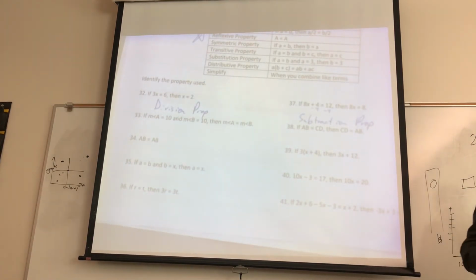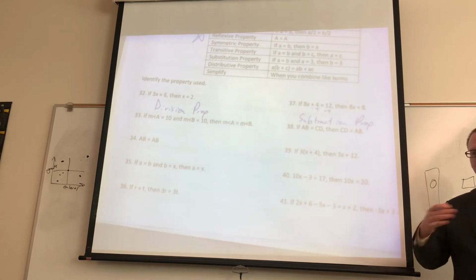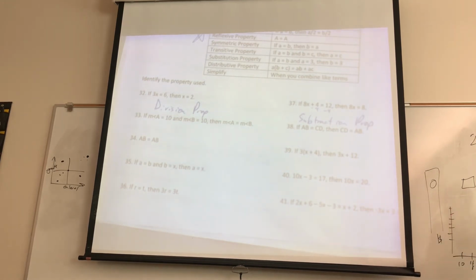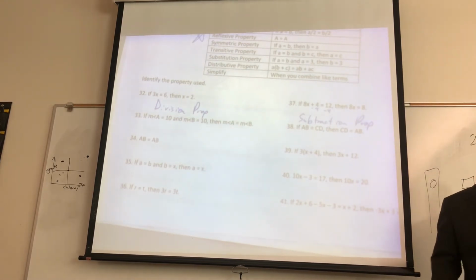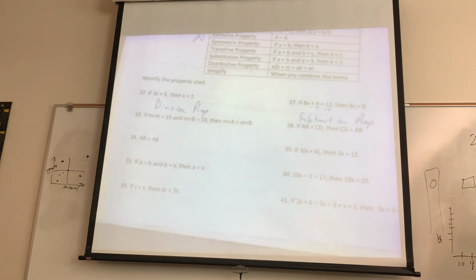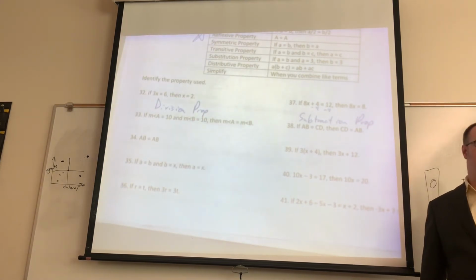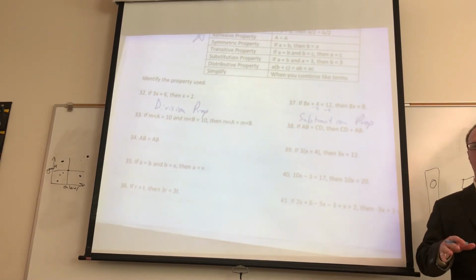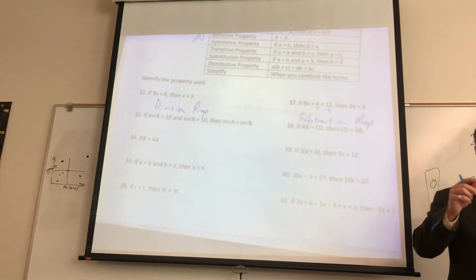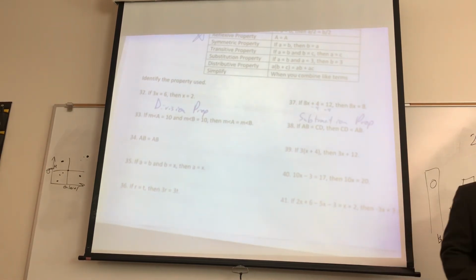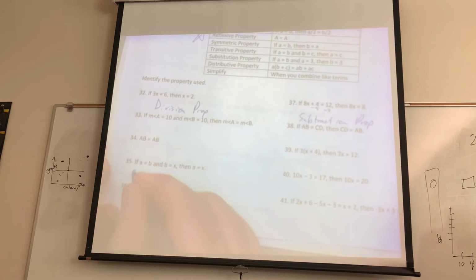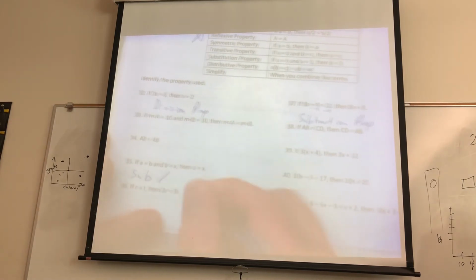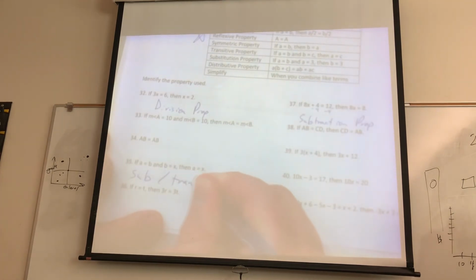If it's a fill-in-the-blank part of the test where it's like, what's your answer for this? Again, I will accept either transitive or substitution property, because they're super close to the same thing, and I'm not going to get nitpicky with you when you clearly can see what's going on. Okay? So this one could be substitution, this one could be transitive.